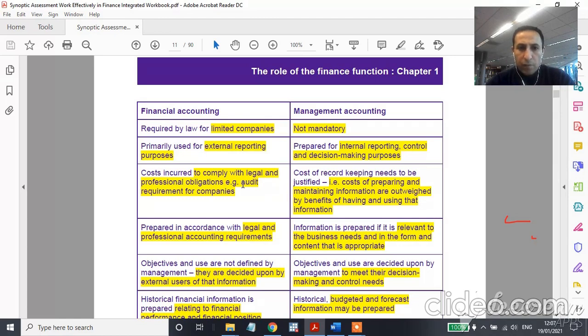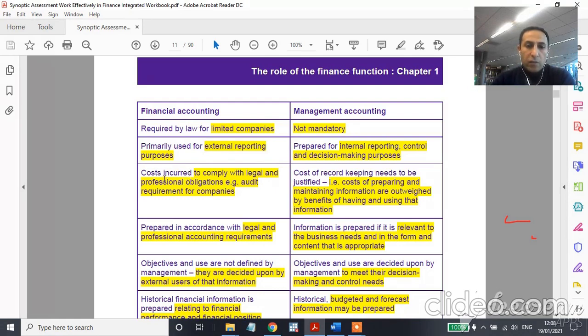Financial accounting is required by law for limited companies, while management accounting has no legal requirement, as it is not mandatory. As I explained, financial accounting is primarily responsible for external reporting, while management accounting is for internal reporting, such as decision making.